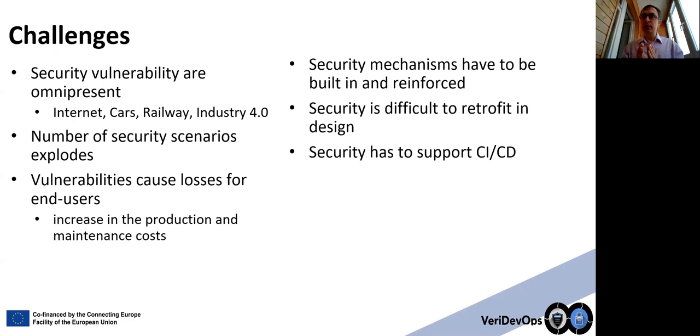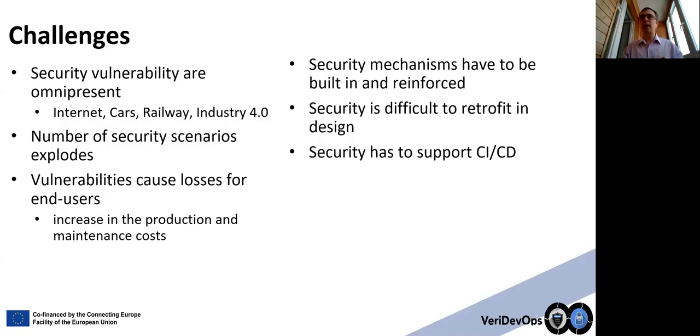The current state of practice says that security mechanisms are very hard to retrofit into systems. So they have to be built in during development time and have to support the fast pace of current development. Startups develop software quite fast.